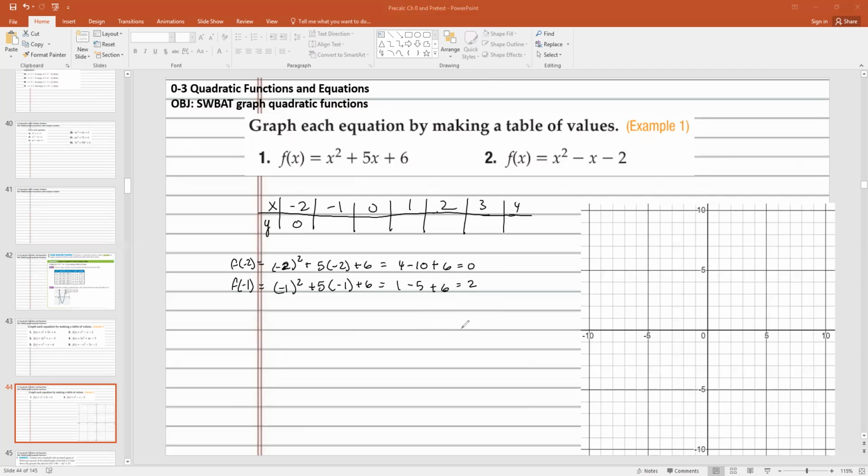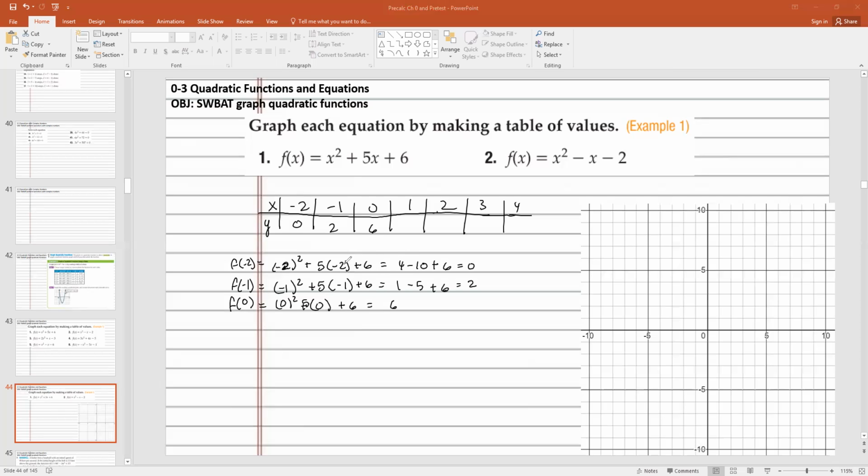And the f of 0 is actually really easy. Whenever you plug in 0, you just get your constant. And this is actually going to be a special number. So we just get 6 here.